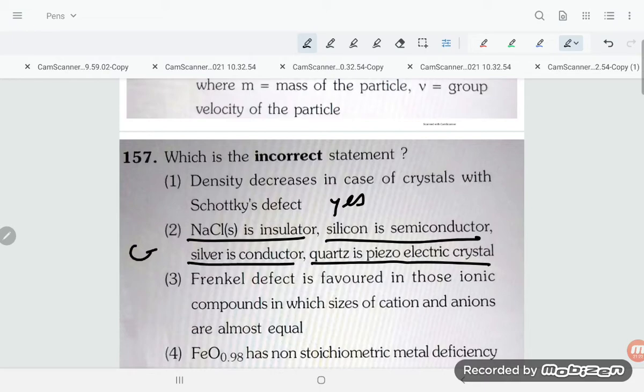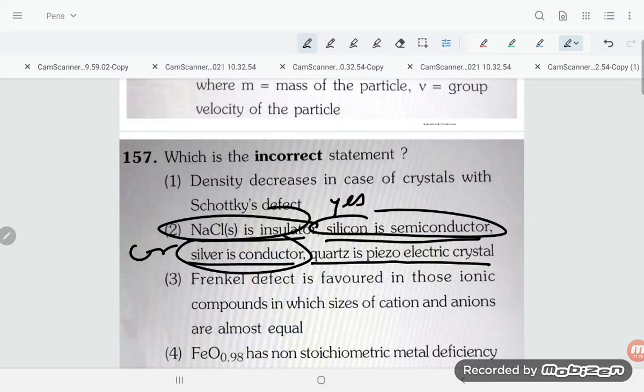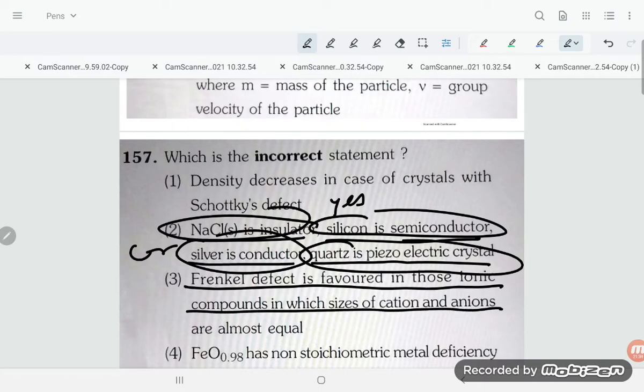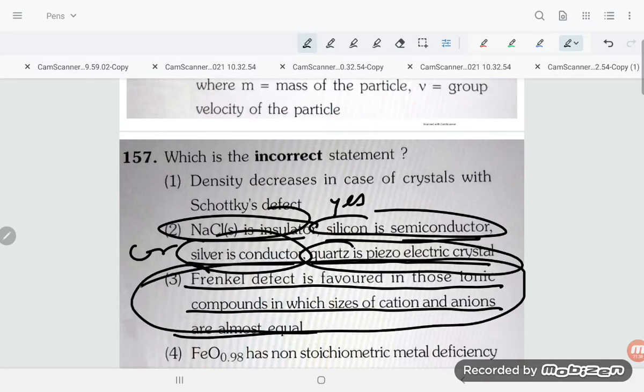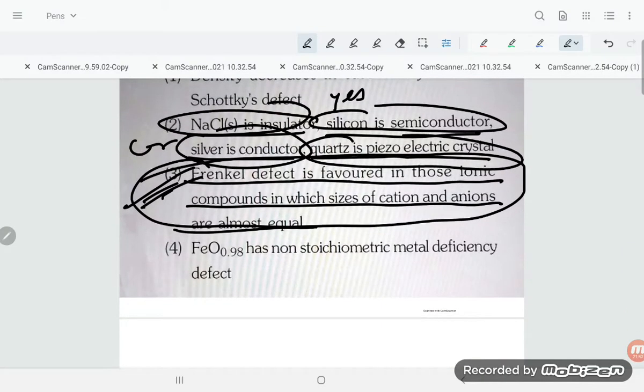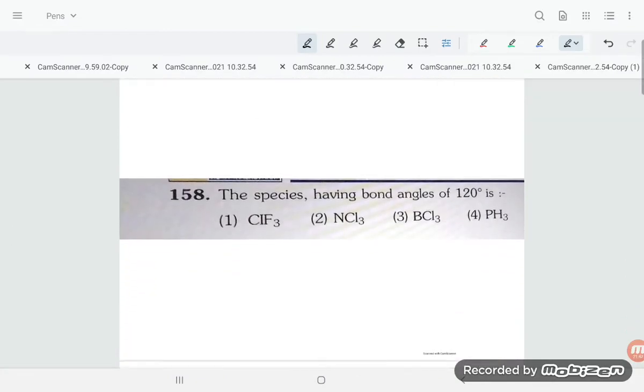So this is also correct, student. Third, Frenkel defect is favored in those ionic compounds in which the size of cation and anion are almost equal. No, the size of cation should be smaller than the size of anion. So the required option is option number 3, student. That is, cation must be much smaller than anion.